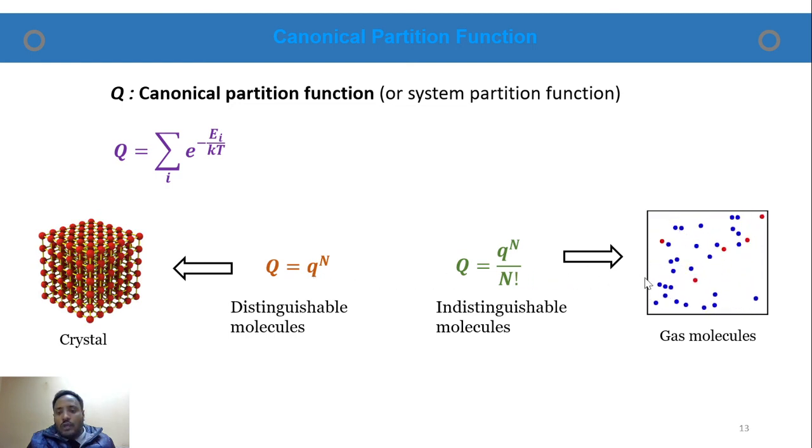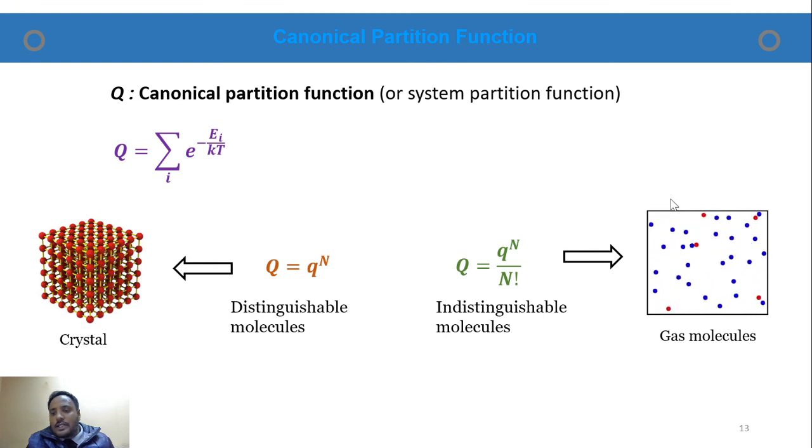However, when we deal with gas molecules, we have to make one correction. We cannot simply write capital Q as equal to small q to the power n for gas molecules. Why? Because the energies of the molecules constantly exchange with each other.